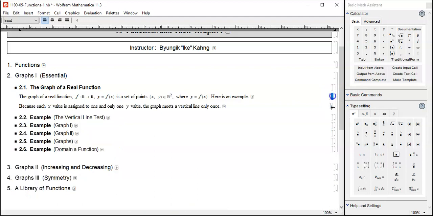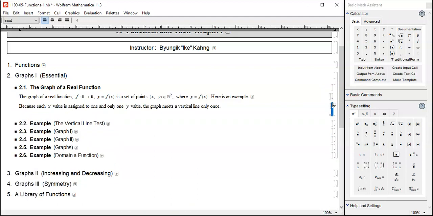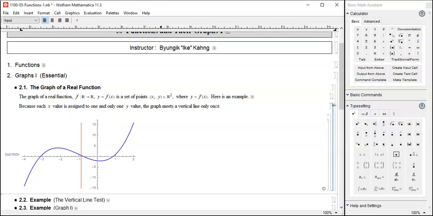Okay, that was simple. And here is an even simpler example, a simpler concept. If you have a graph of a function, then it follows the so-called vertical line test. What is the essence of the function? Given an x value in the domain, one and only one y value in the range is assigned there. So here we go. We have a vertical line, which means everything on this red line shares the same x coordinate value. Now we have a crossing. What do you mean by that?